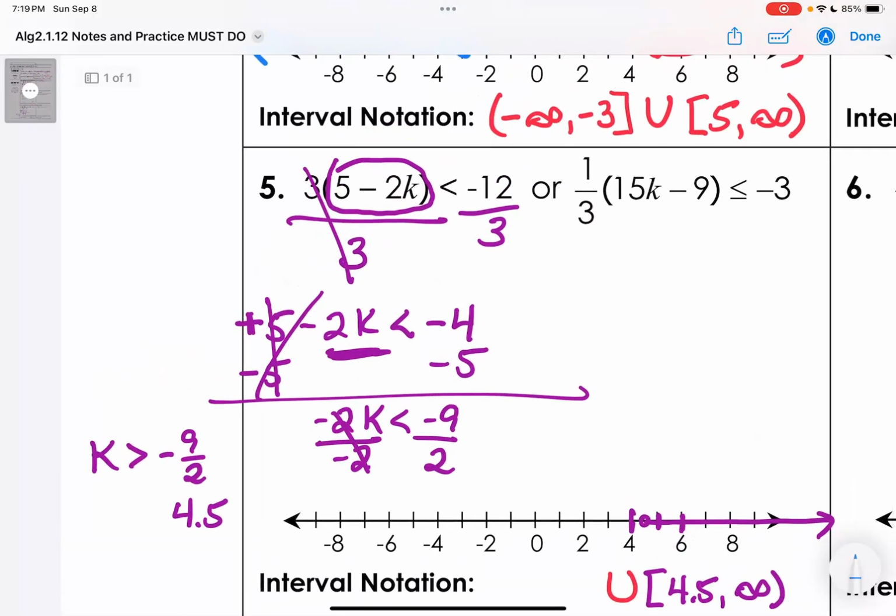We've talked a bit about these when we have a fraction at the beginning. Again, you can distribute if you want. I prefer multiplying by the reciprocal. So 3/1 is the same as 3, right? And remember, when you multiply by the reciprocal, these 3's cancel, 1's cancel, and so you're just left with 15k minus 9.